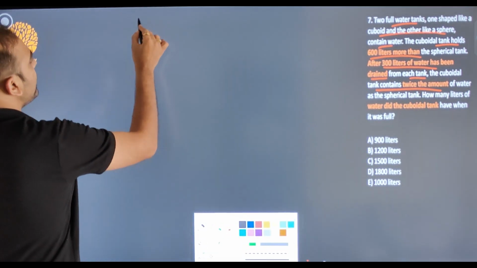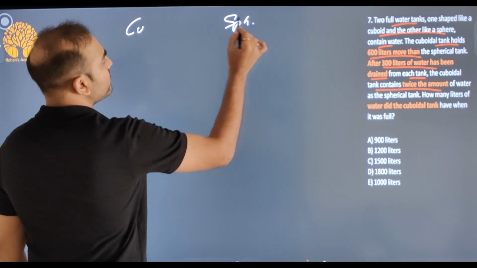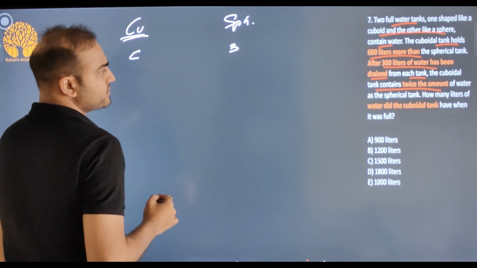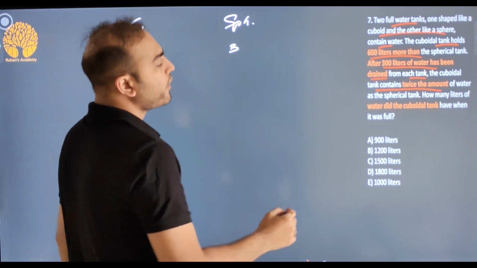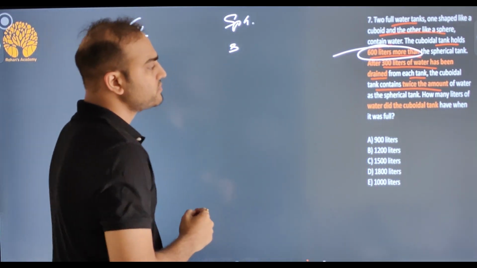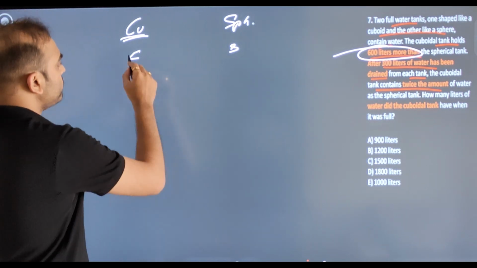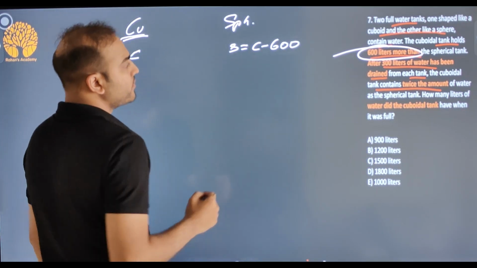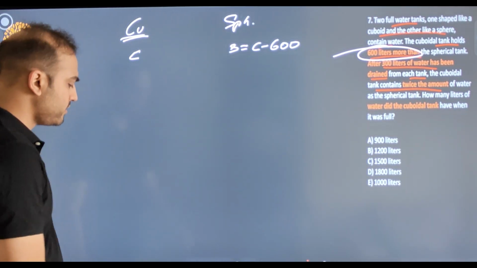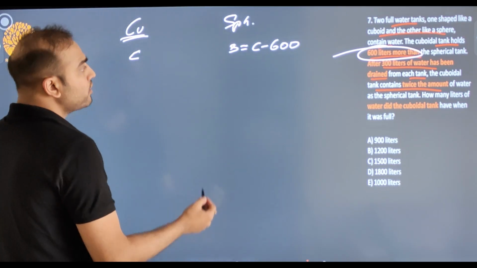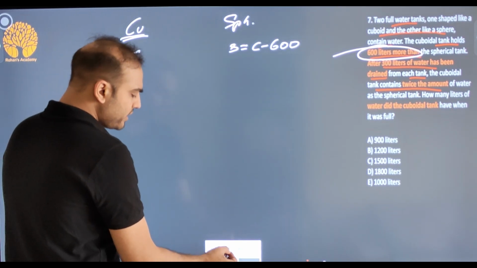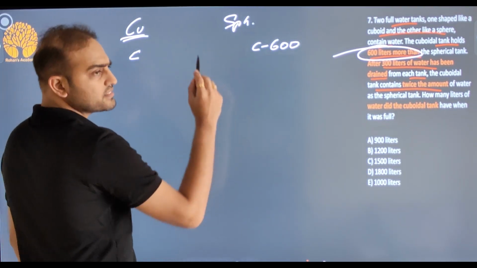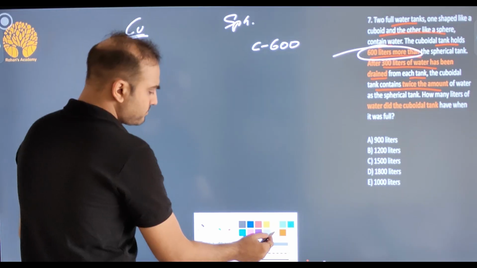Let the total capacity of the cuboidal tank be C, spherical tank be S. The cuboidal tank holds 600 liters more than the spherical tank, so the spherical is C minus 600.